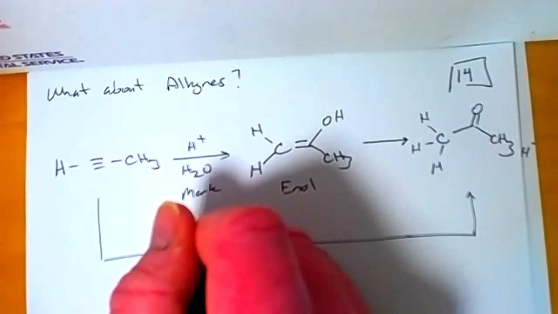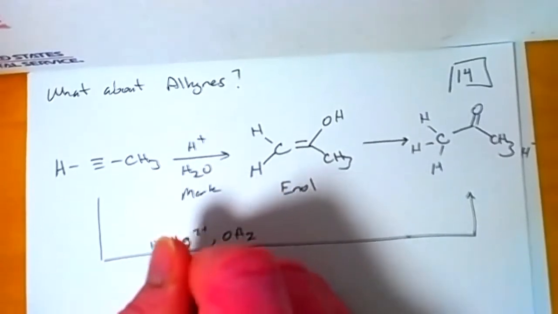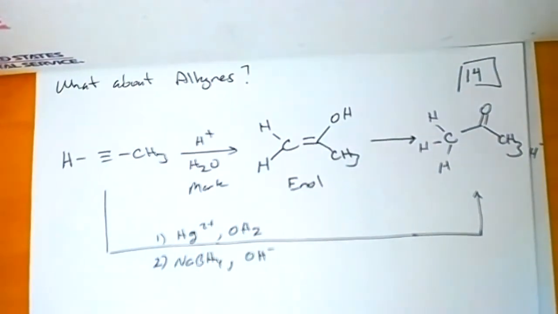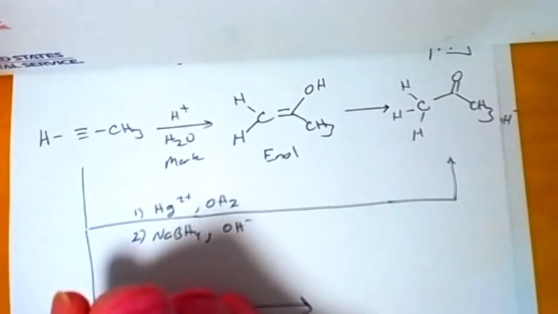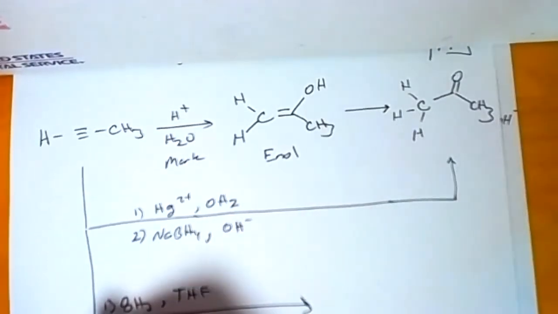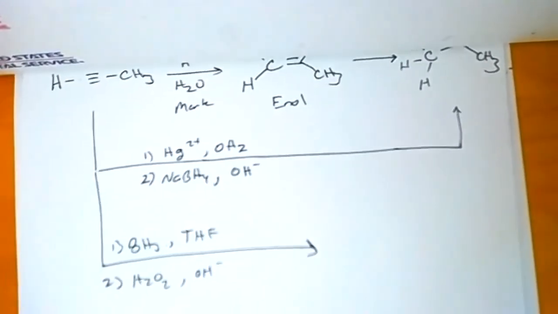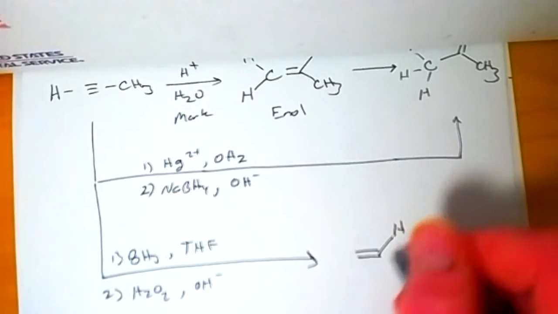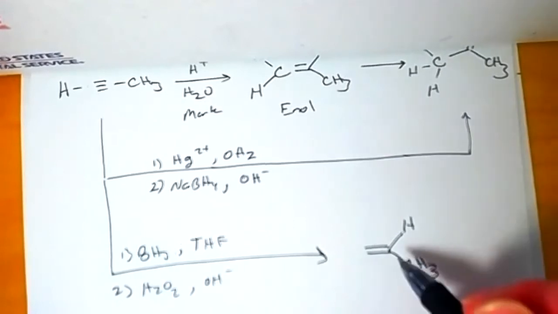Likewise, if you were to do this reaction with oxymercuration, demercuration, you would see the same thing. And if you were to do the addition with hydroboration, oxidation, you would end up seeing now the addition would be an anti-Markovnikov addition, so you would add hydrogen to the side of the triple bond that had the fewest hydrogens, which would be the one on the right side.